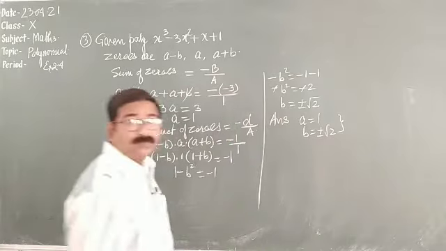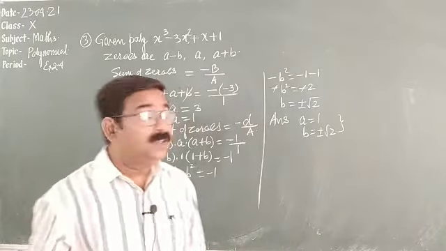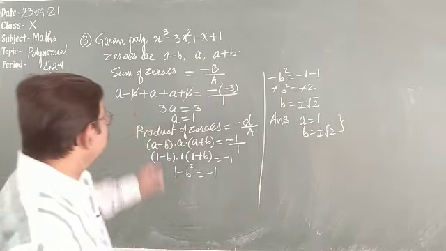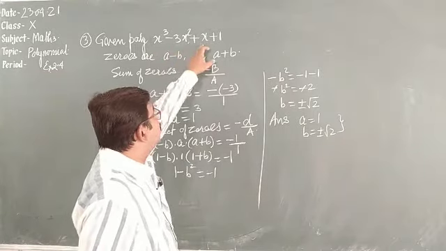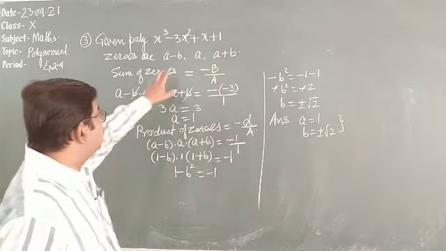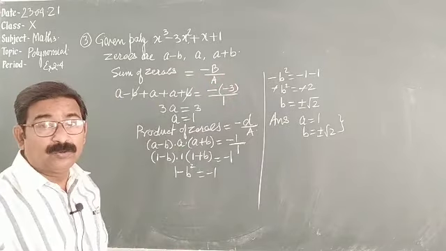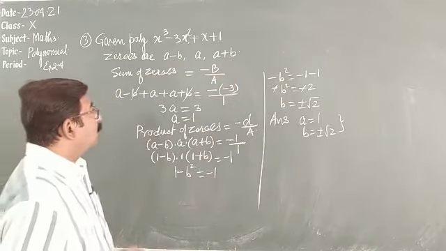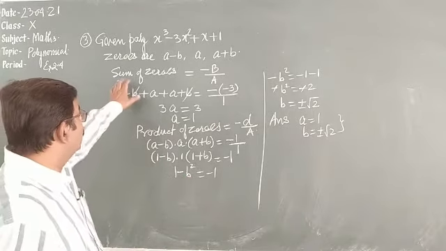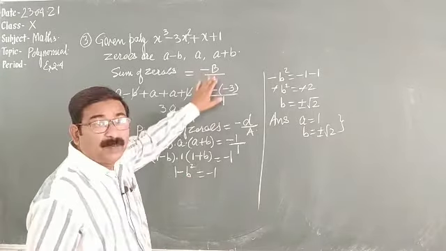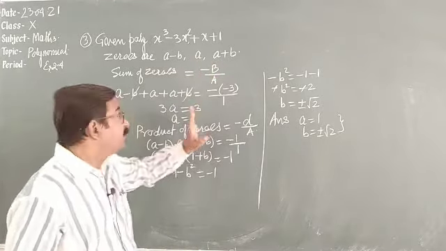Got this question? In the question what was given? It was given that a cubic polynomial x cube minus 3x square plus x plus 1 and its three zeros are a minus b, a and a plus b. Then we have to find the values of a and b. So using the relationship of coefficients and zeros, sum of zeros is minus B upon A, and we have noted capital letters because a and b are already given in the question.